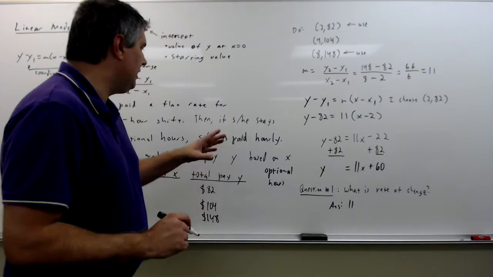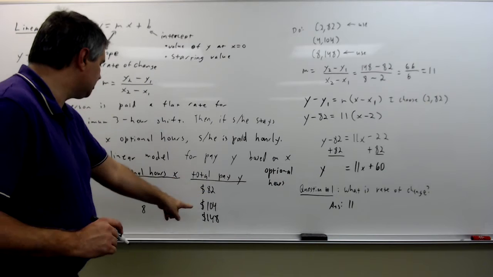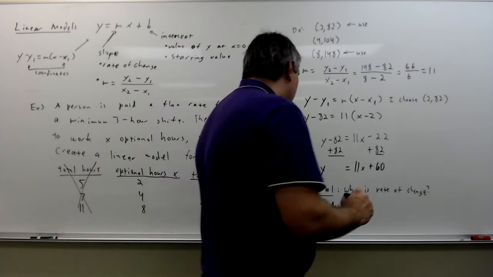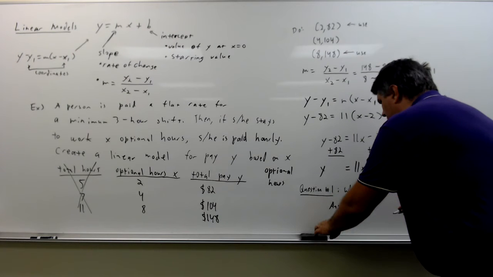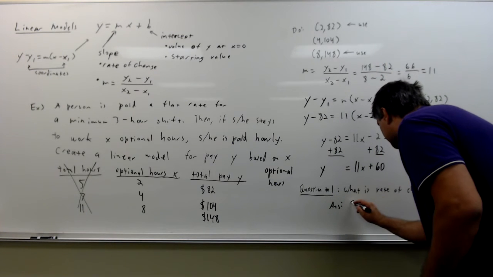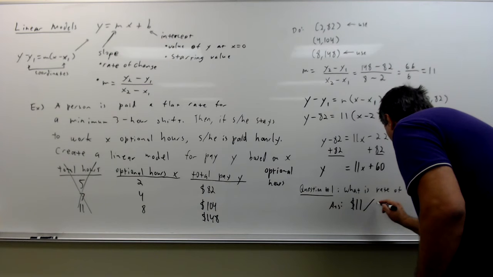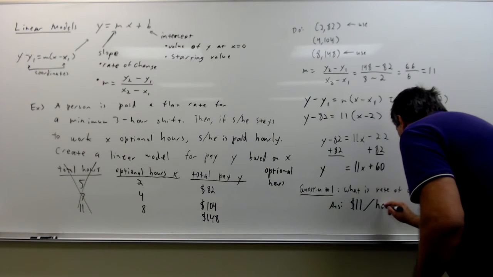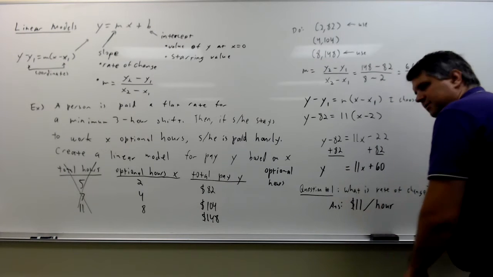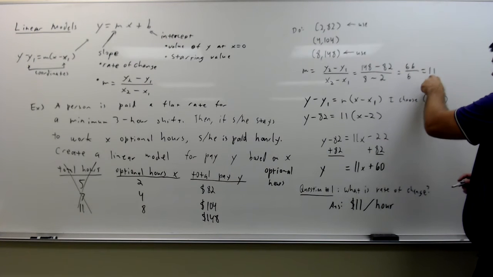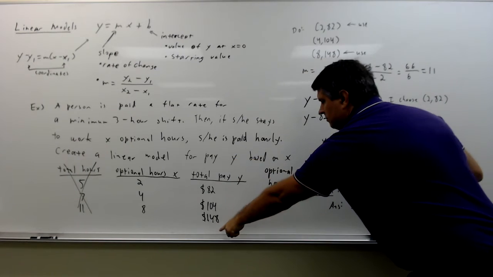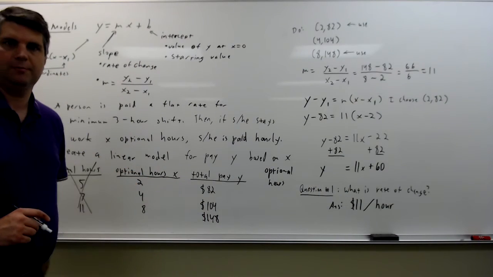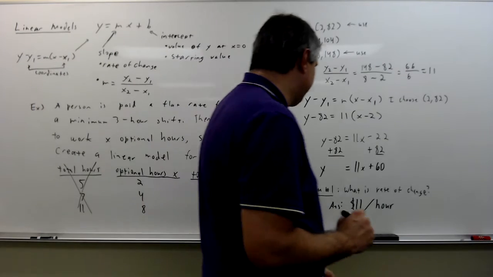Well, y represents dollars, x represents your optional hours of work. So it represents $11 per 1 hour. So $11 per hour. That is what that means. $11 per every 1 unit of x, which are hours.